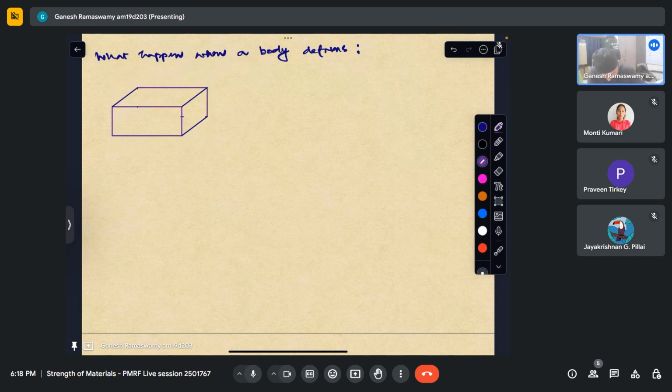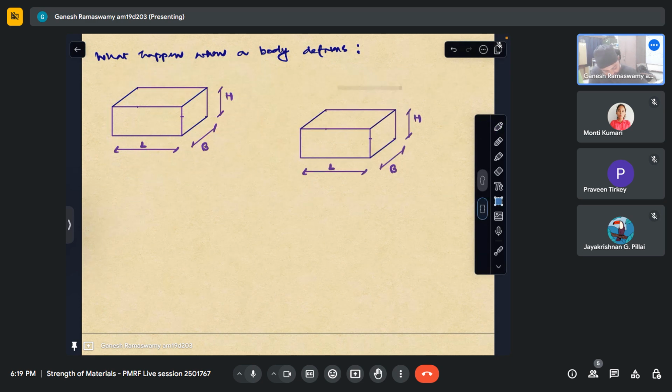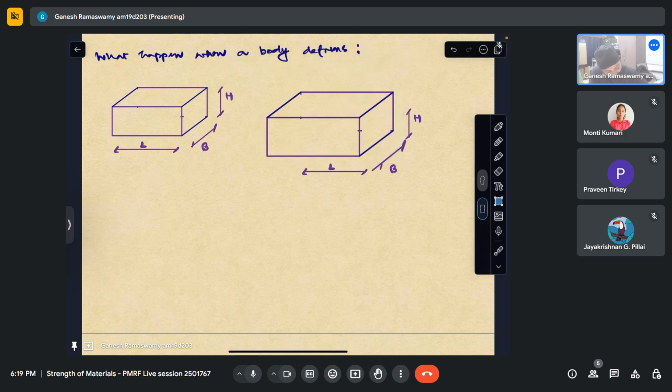Let us say that this is L. Let this be the breadth B, and let this be the height H. Now, under the action of some stresses, this has deformed to some shape.